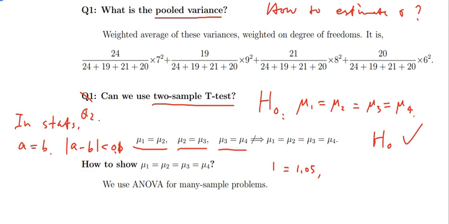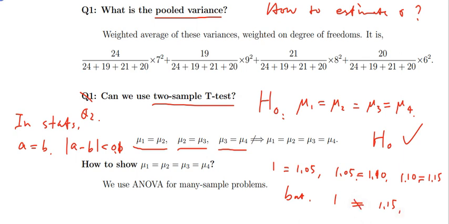Okay, and then 1.05 and 1.10, we can regard this as equal, right? And then 1.10 and 1.15, this is also equal. But we say 1 and 1.15 are not equal, right?